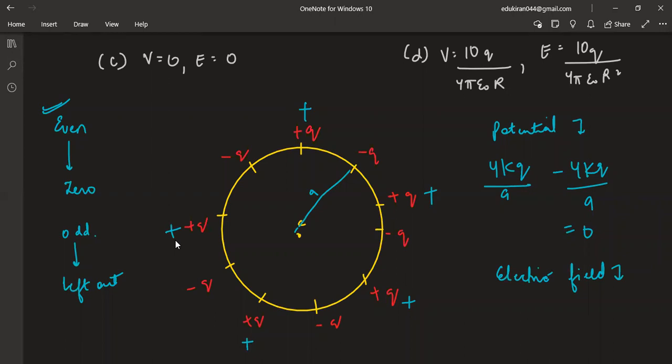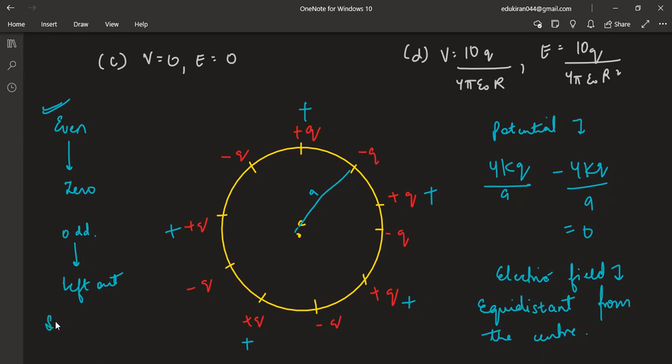So all these charges are equidistant from the center, and it is a symmetrical figure also.